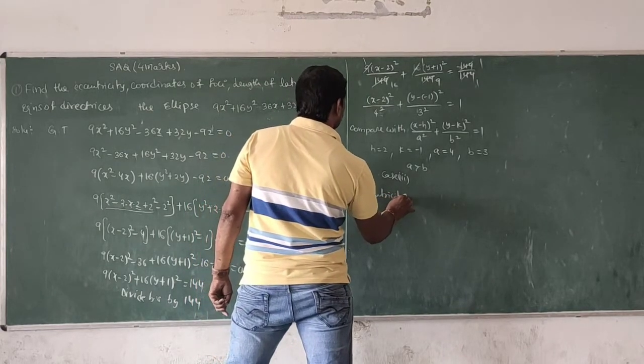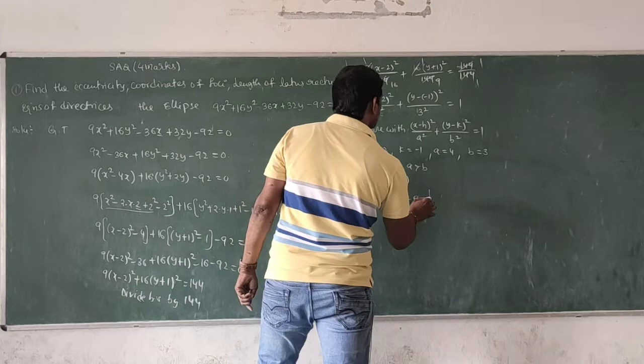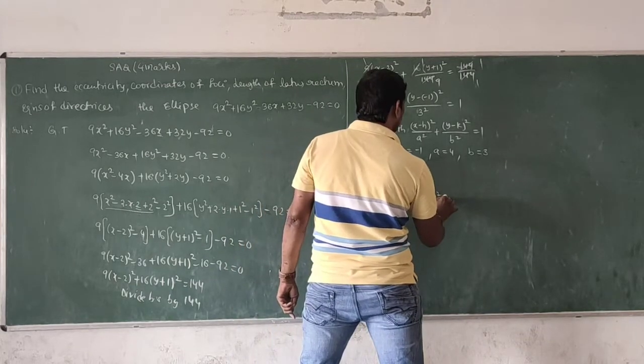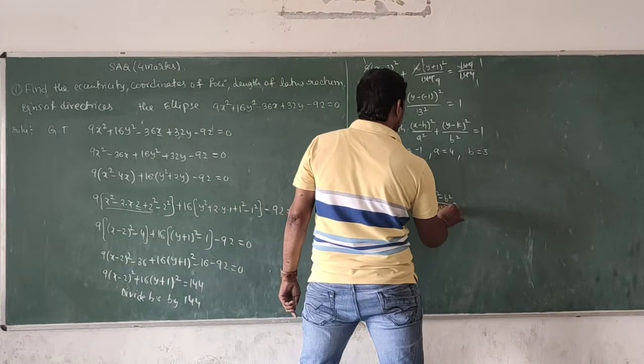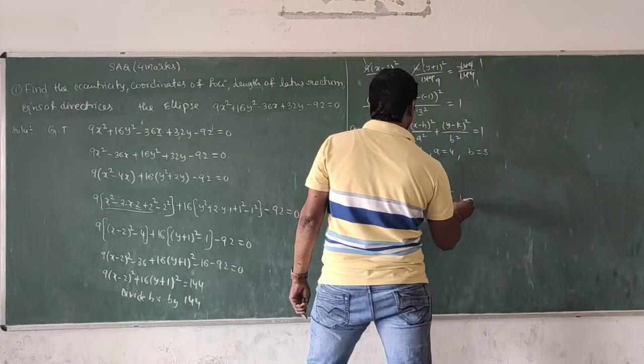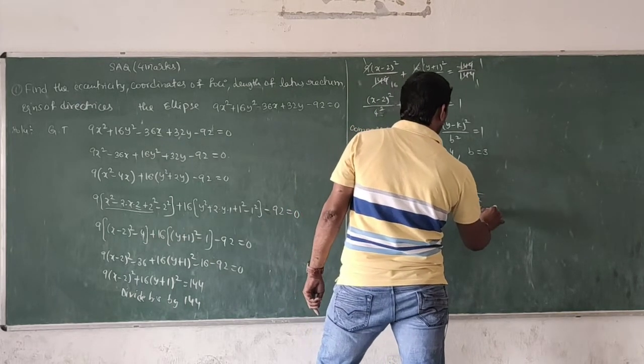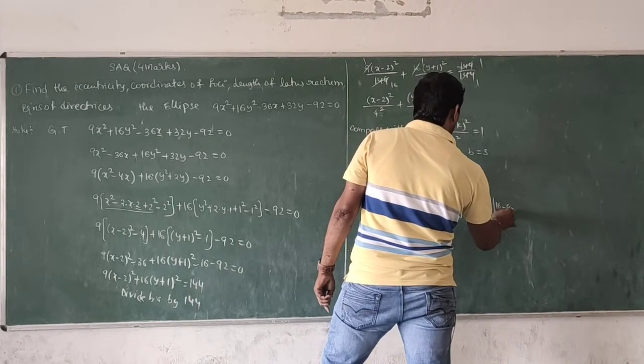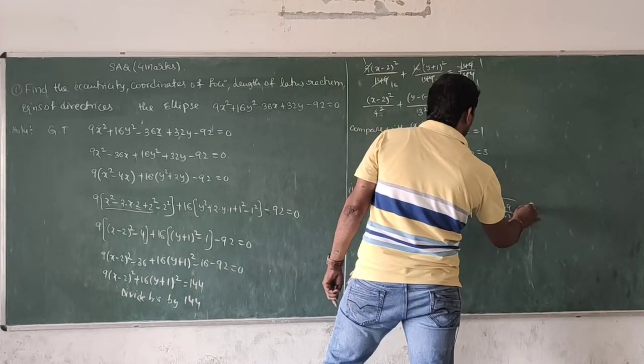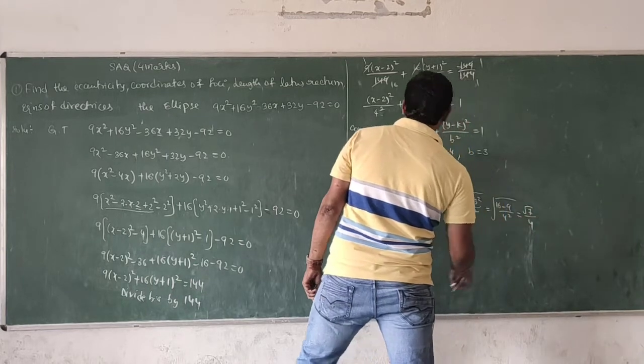Eccentricity: e equals square root of (a square minus b square) by a square. Square root of (4 square minus 3 square) by 4 square, that is 16 minus 9 by 4 square, which is root 7 by 4.